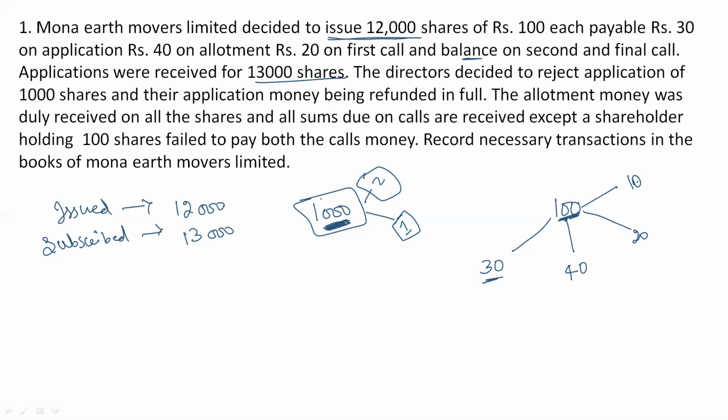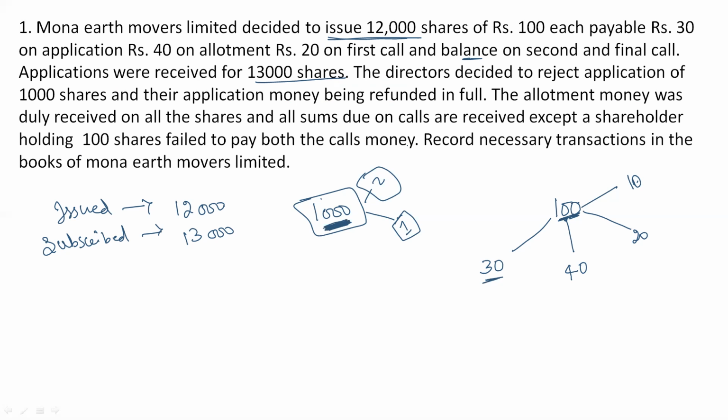Obviously these 1,000 members must also have paid the application amount, right? All of them must have paid 30 rupees during application. So we are rejecting these extra shares, we do not want to issue them, so the directors will refund the application amount for these 1,000 shares. They are rejecting it, that's why the amount is being refunded.